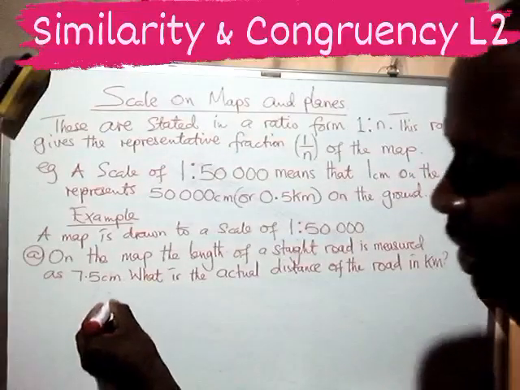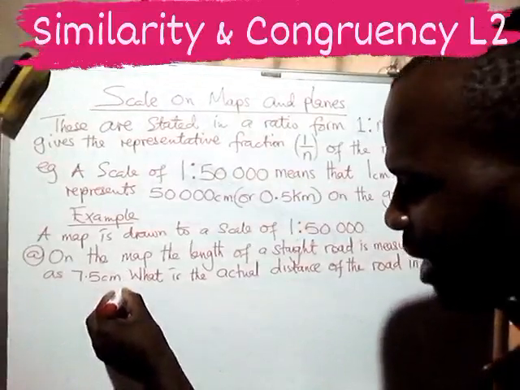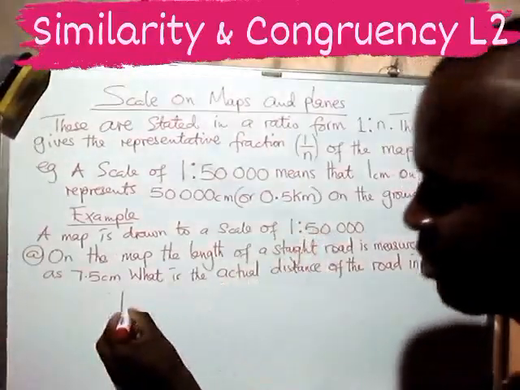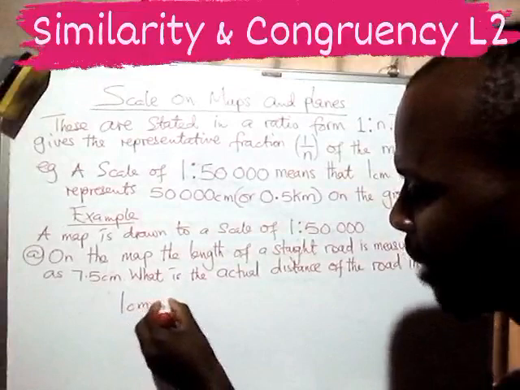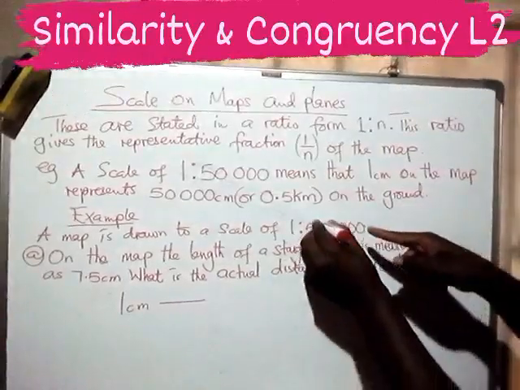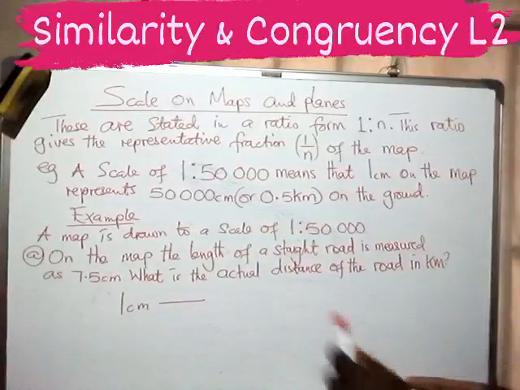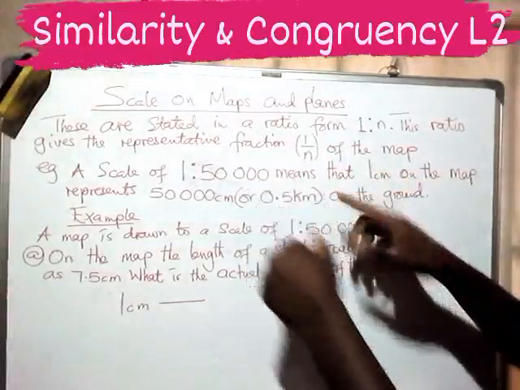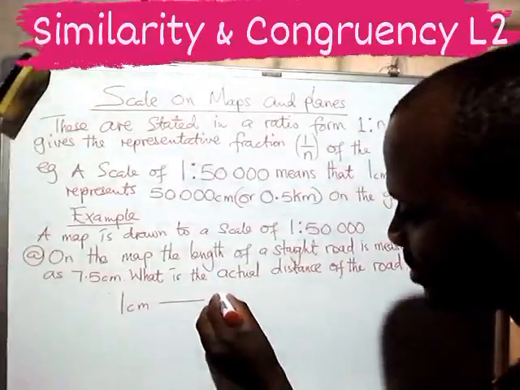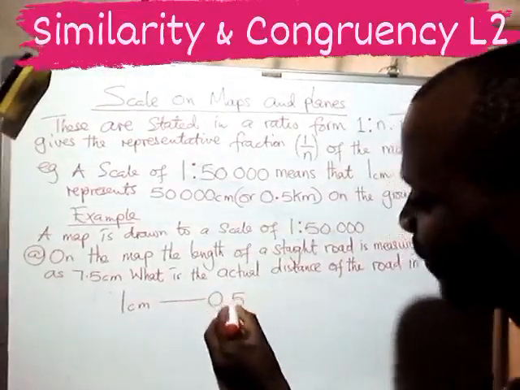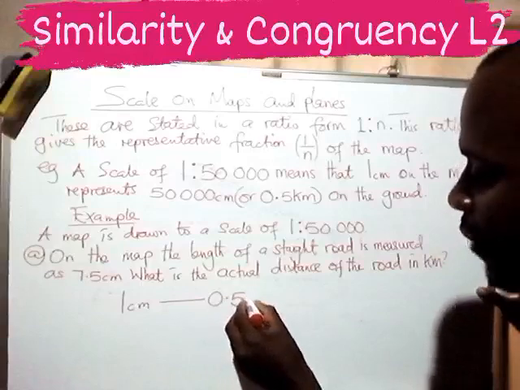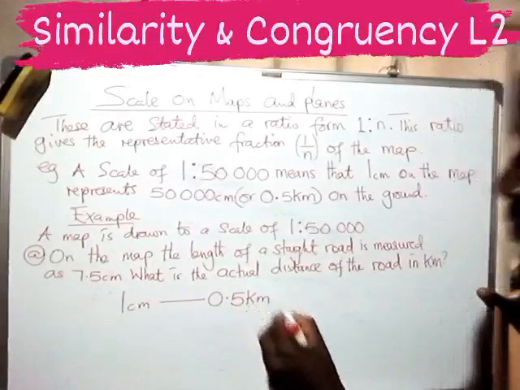So we know that 1 centimeter on the map represents 50,000 centimeters, which in kilometers, as we have already discussed, means 0.5 kilometers.